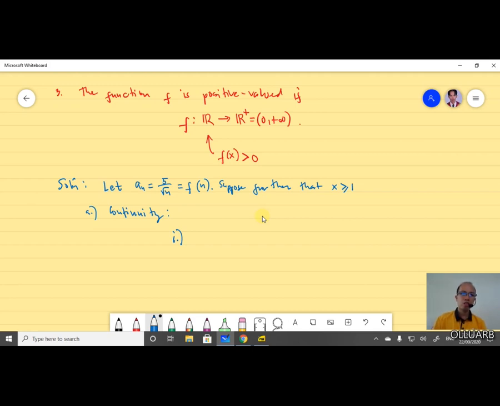Our x must be greater than or equal to 1.